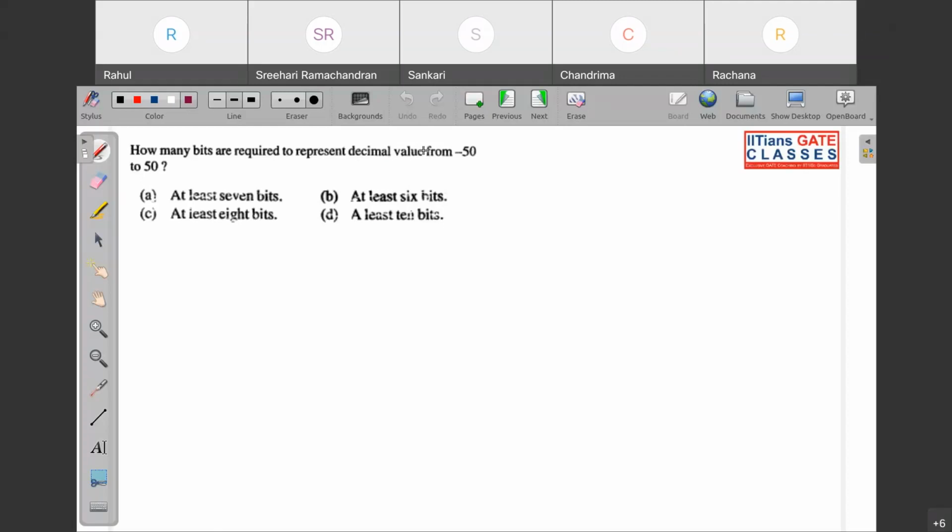Okay, 7-bit minimum. So now we need to represent from -50 to +50. For representing 50, how many bits do I require?